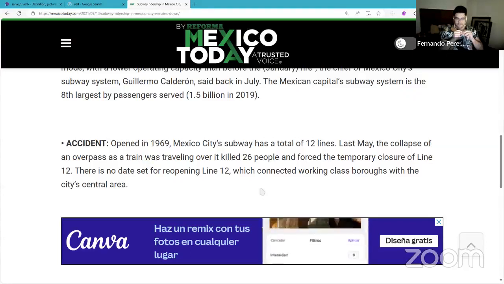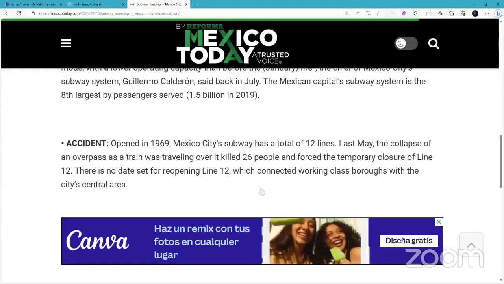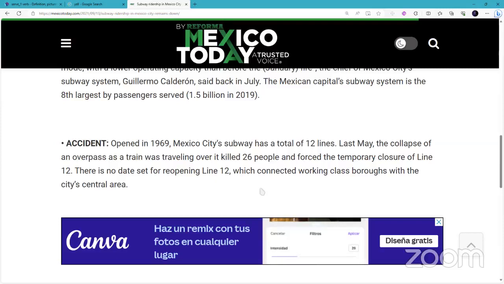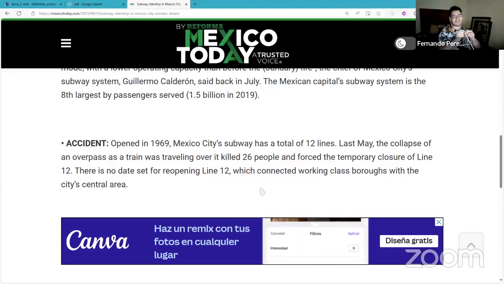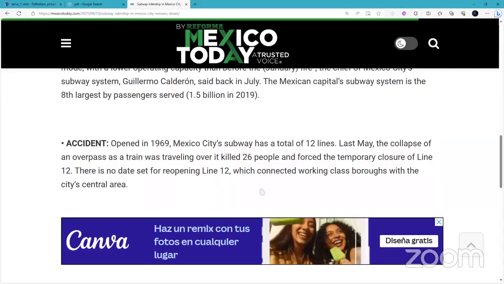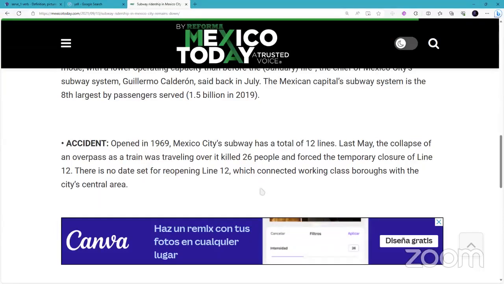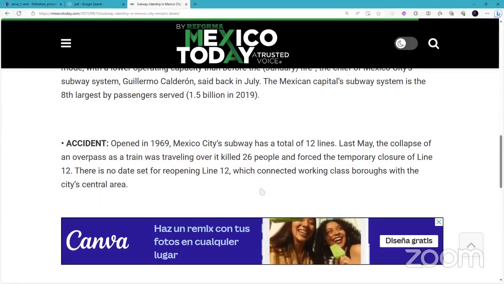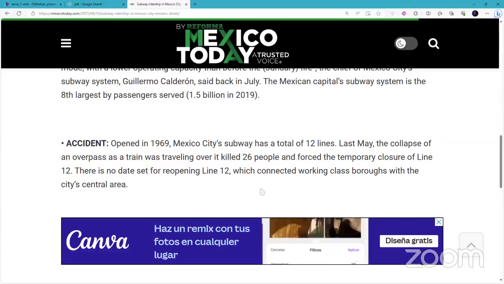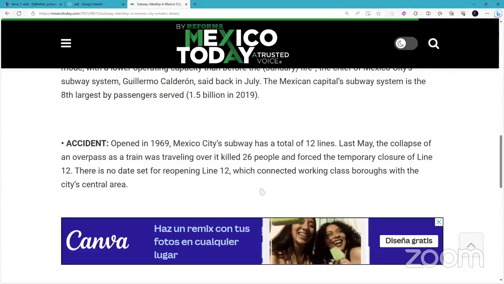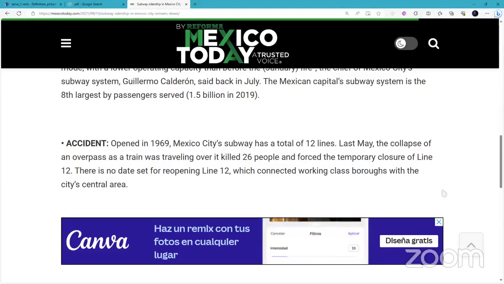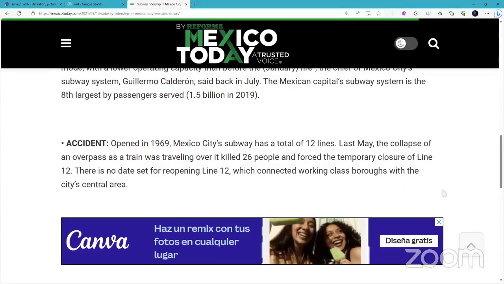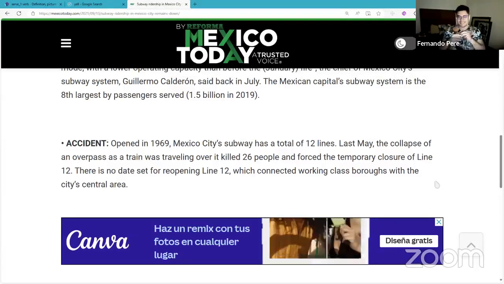There is no date set for reopening line 12, which connect working class. Connect is present. Connected. Exactly. Working class boroughs with the city central area. That's correct.